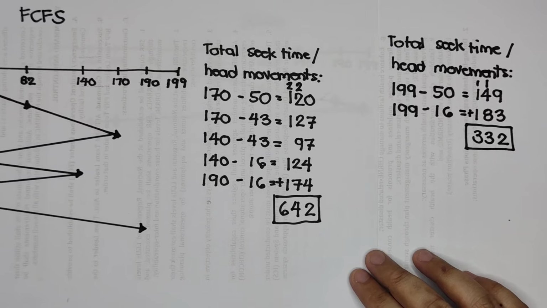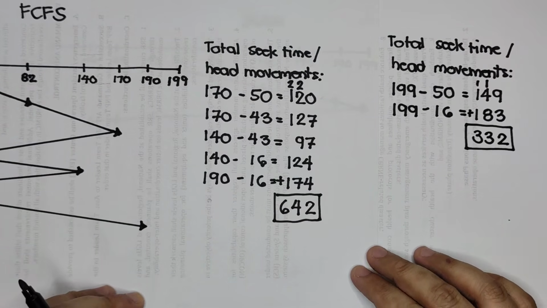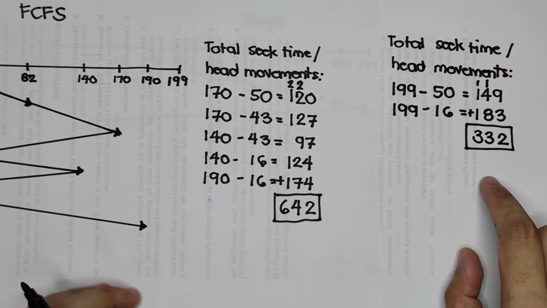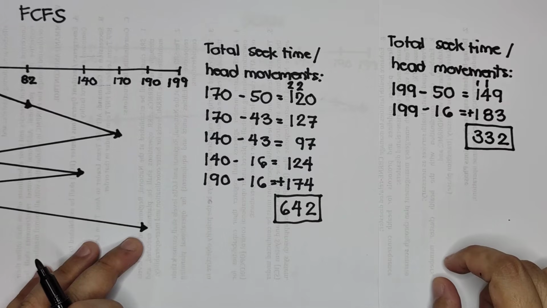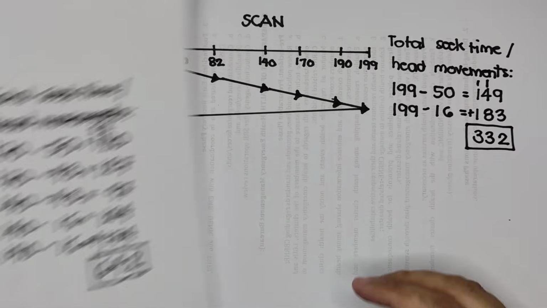We can compare: the value for SCAN is significantly lower than FCFS, almost half. So that is SCAN.